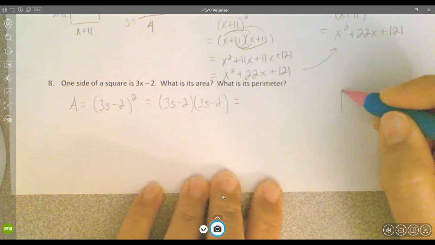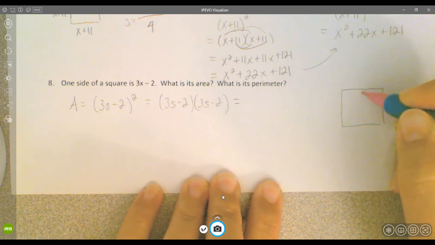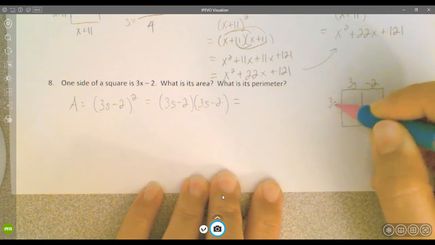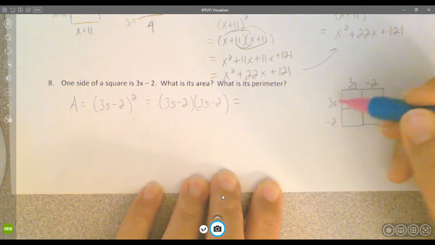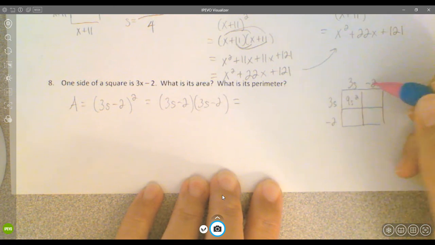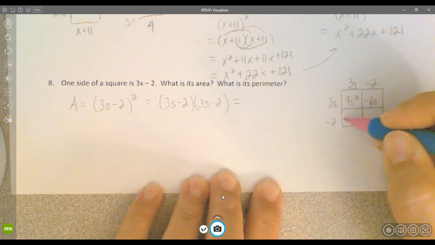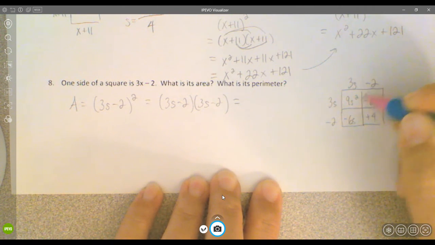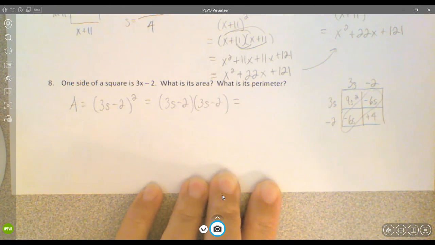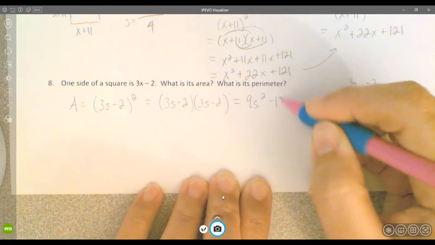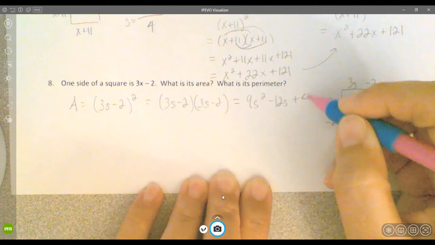And I'm going to give the box some love here so it doesn't feel left out. 3x times 3x is 9x squared. 3x times negative 2 is negative 6x. Negative 2 times 3x is negative 6x. Negative 2 times negative 2 is a positive 4. So we'll get 9x squared minus 12x plus 4.